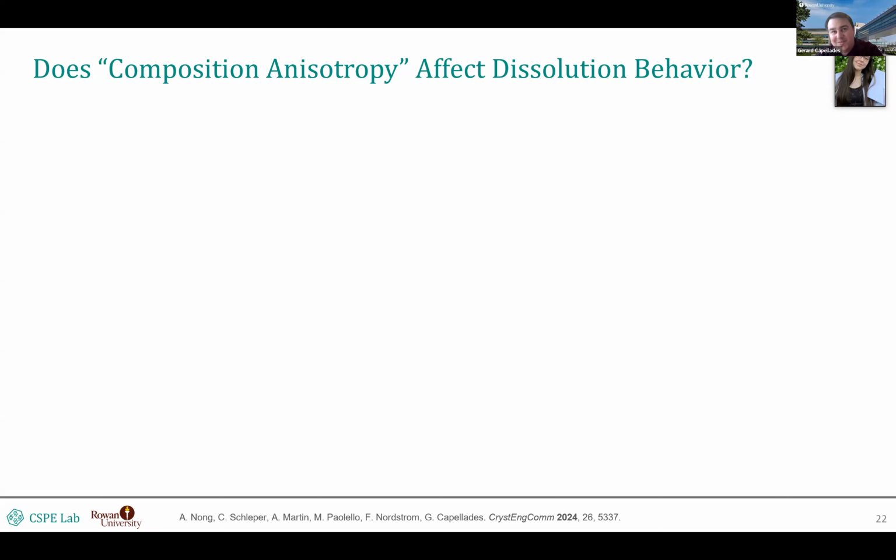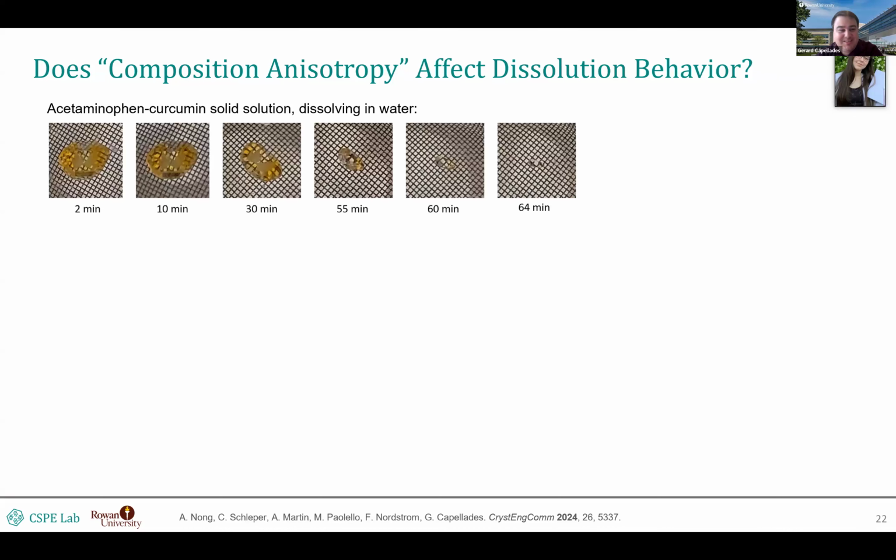So at that point, it was early on in the lab, right? We didn't have more than a phone camera and a sink strainer. So we basically grew the crystals in that, put it in a sink strainer, and took pictures with the phone camera of how this is the case for acetaminophen and curcumin, how it dissolved in water, right? And one thing that you can see is that after a while, the impure regions are gone, right?